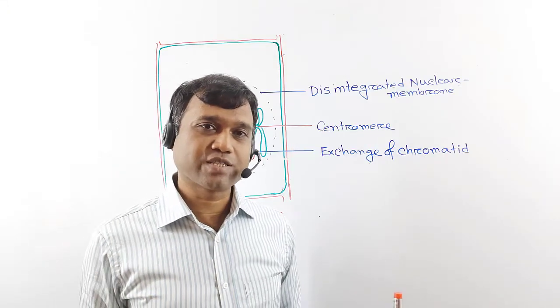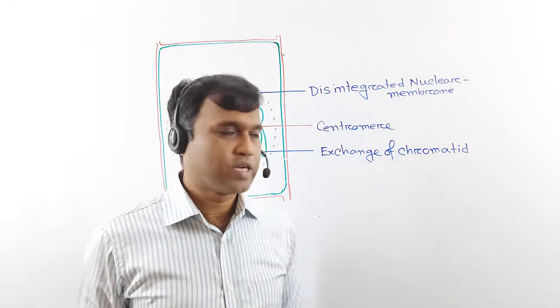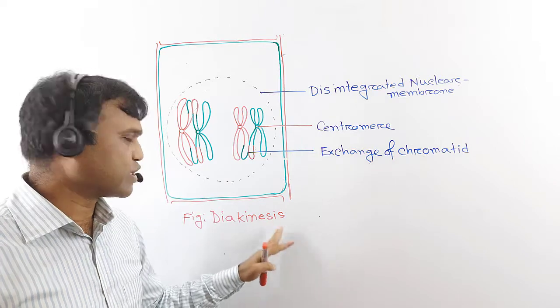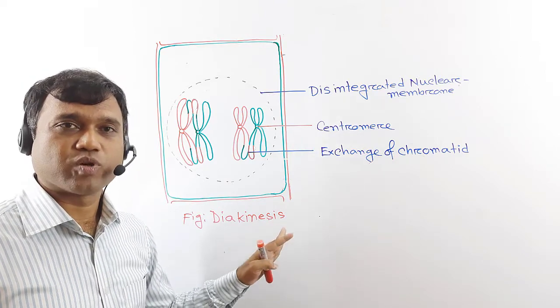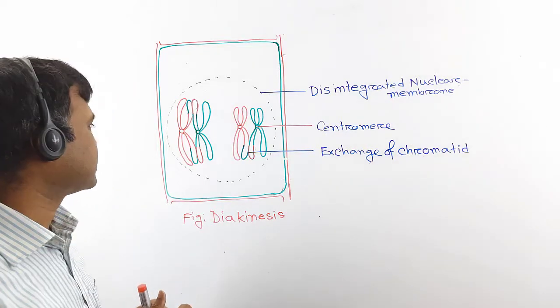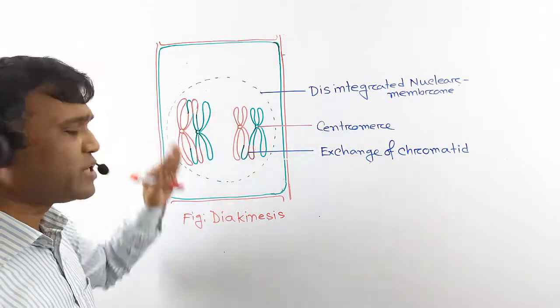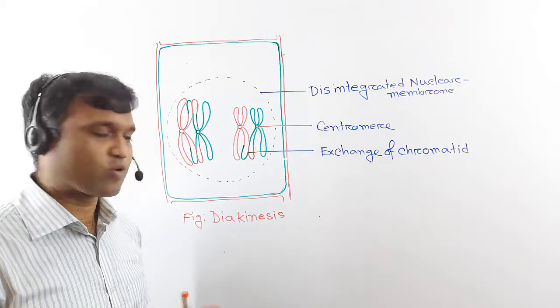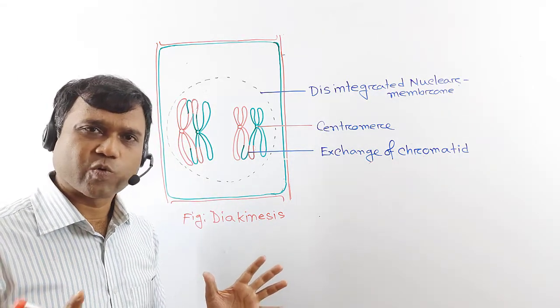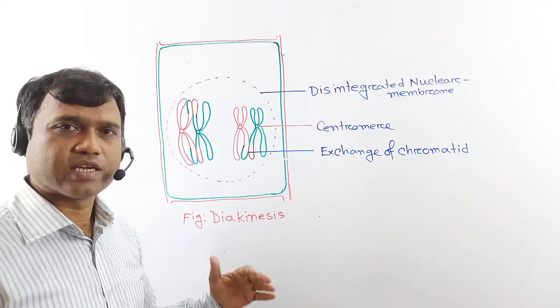The last substage of prophase is known as diakinesis. This is the fifth substage of meiosis one prophase. In this substage, the terminalization process continues. By reducing water, the chromosome gradually becomes thick and short.